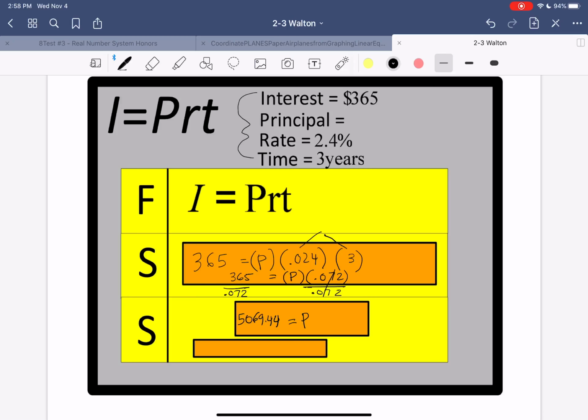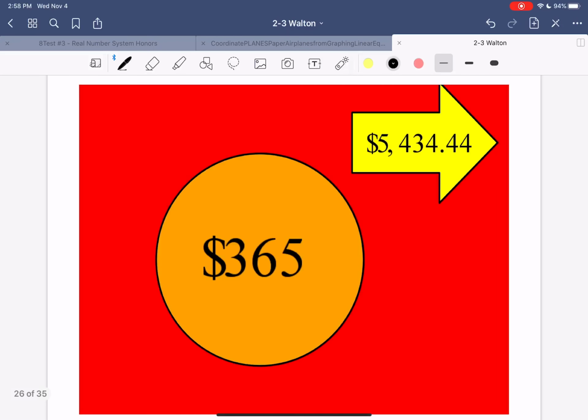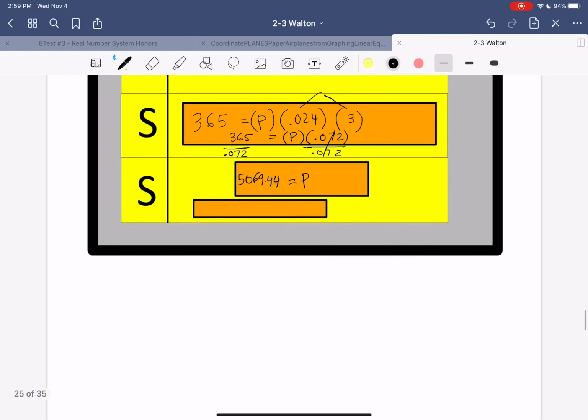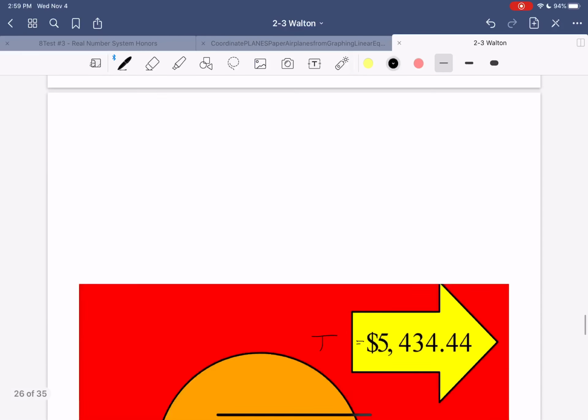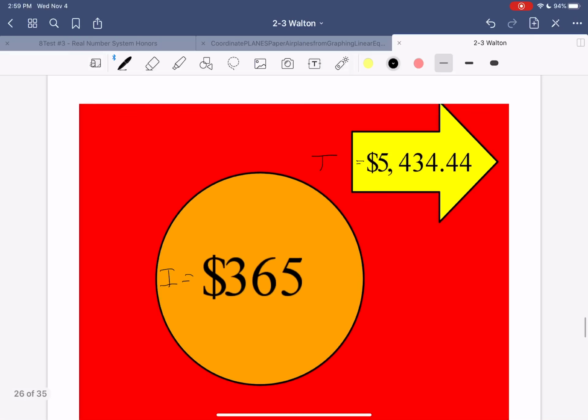All right. And that was our interest that they gave us and our total that we solved, or our principal was 5,069, and so our total, when we add that principal back to our interest, is right there.